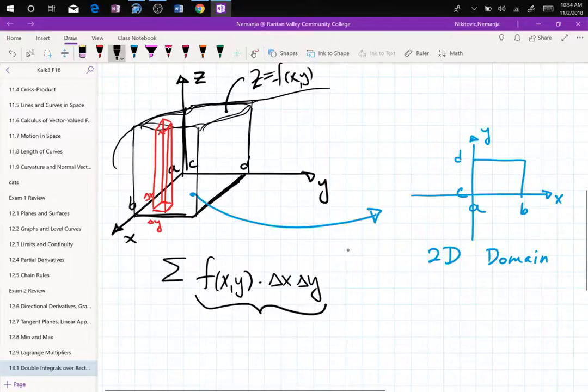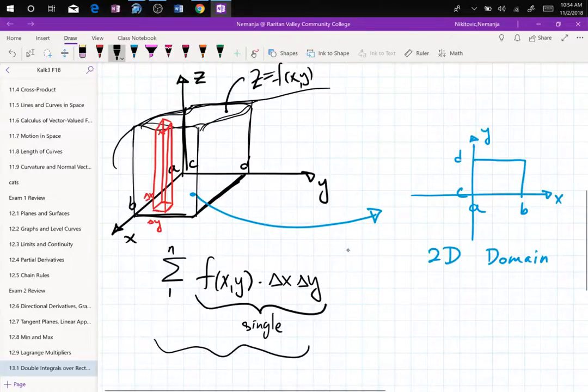Because I have the width on both sides of the French fry, and then its height is given by the function. So I have dx times dy times z, to give me a single French fry. Then we have over here again, so this is single.